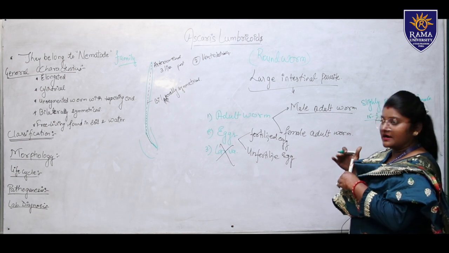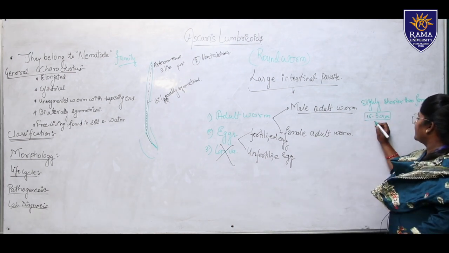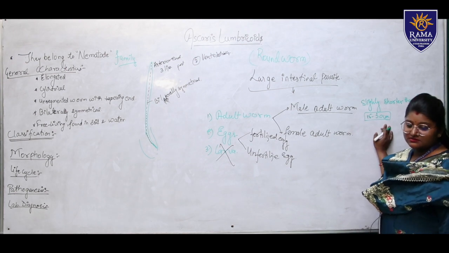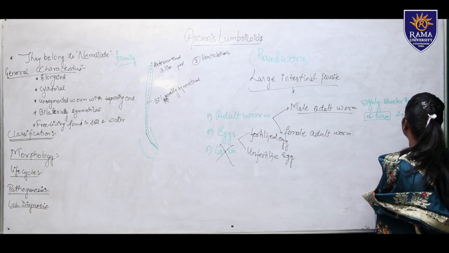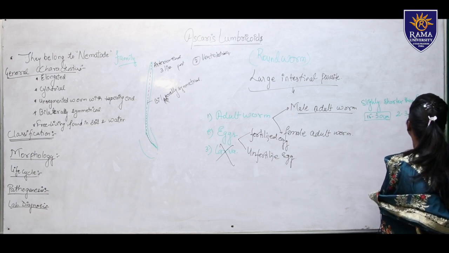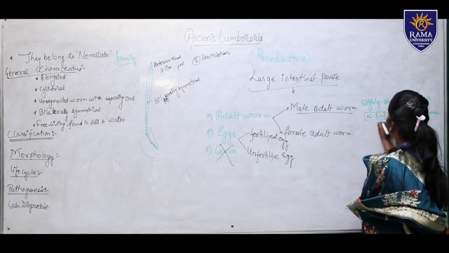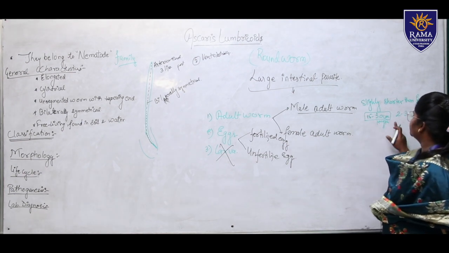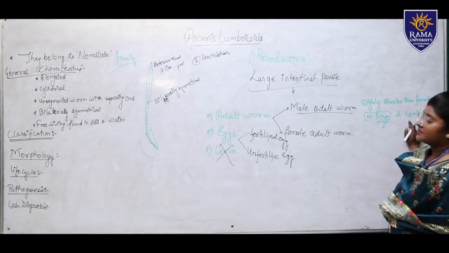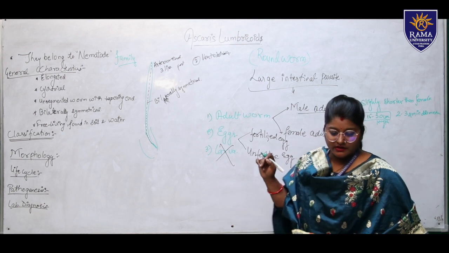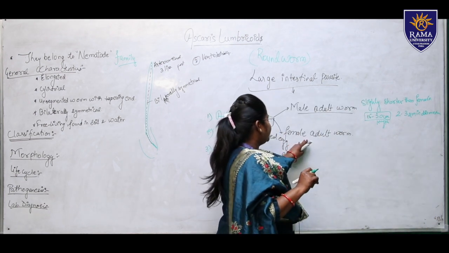So the length is about 15 to 30 centimeters and the diameter is about 2 to 3 millimeters in thickness. Okay, now all about the female adult worm.